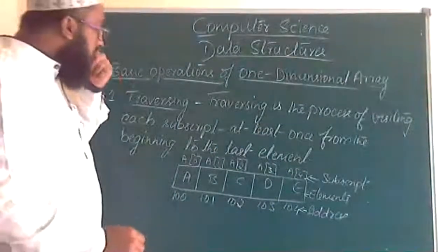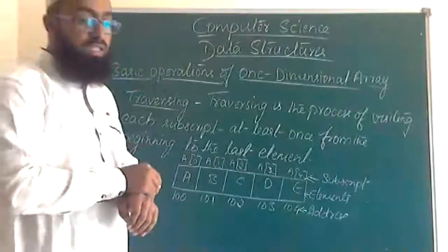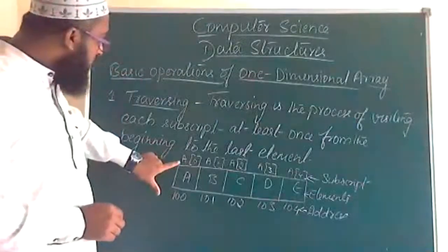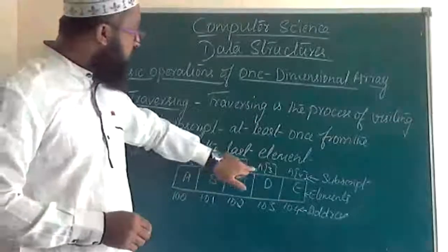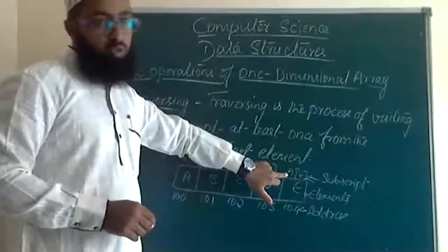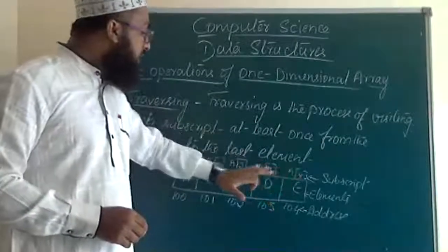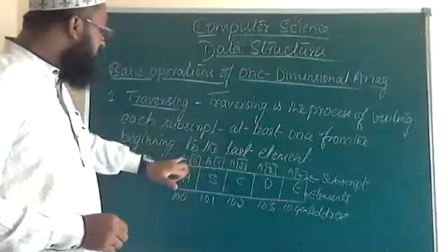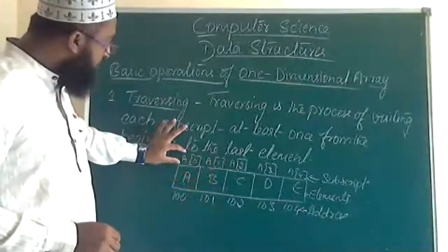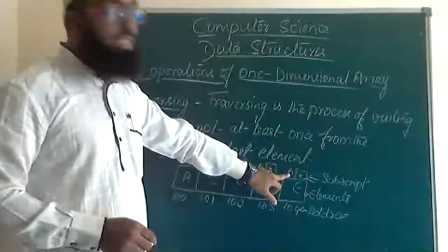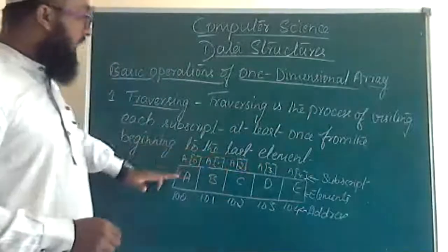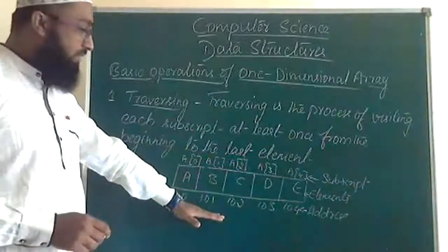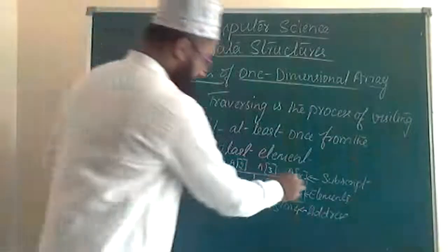Here, this is a process where we will try to visit every subscript: A of 0, A of 1, A of 2, A of 3, A of 4. Like this, we will visit every subscript from the first to the last element. This type of operation we can call traversing.